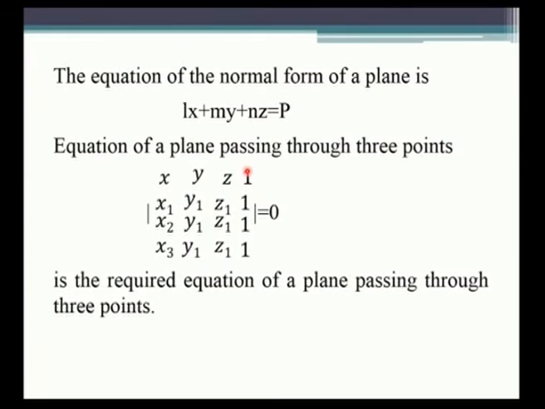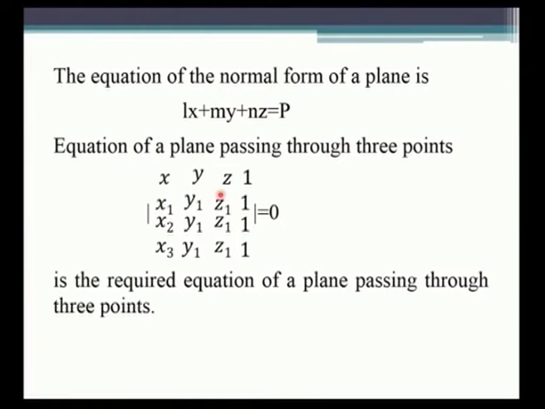Now the equation of a plane passing through 3 points. You are given 3 points like x1, y1, z1 and x2, y2, z2 and x3, y3, z3. Suppose a plane passes through these 3 points, then the equation of that plane can be given in this form.